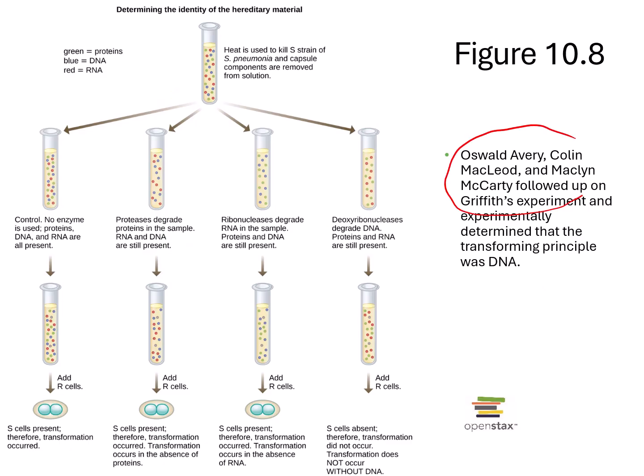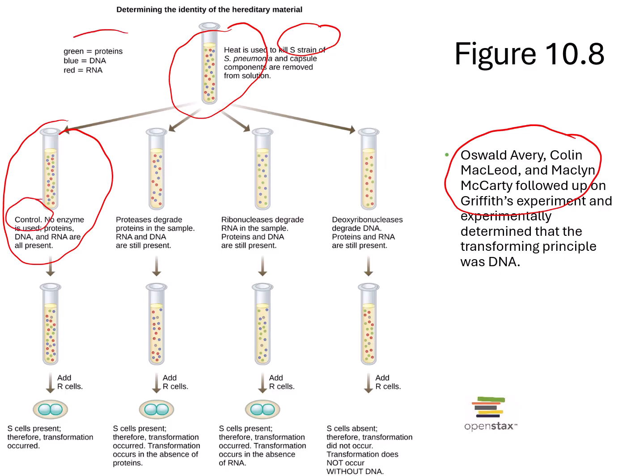And here's a closer look at that Avery, MacLeod, and McCarty experiment. First, they use heat to kill the smooth strain cells, and then they one by one remove different components from these cells. So in the first one, this is the control where everything is intact: proteins, DNA, and RNA. When they mix the dead S with the living R, they find live S, where the capsule is represented by that outer oval.